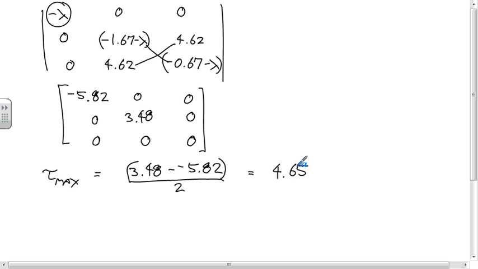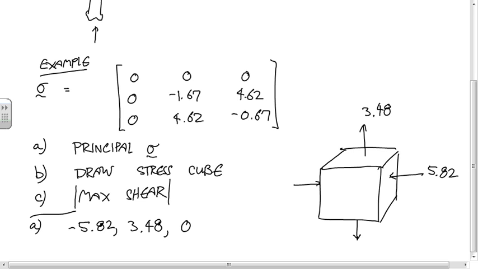Is there any way we can check that answer? Well, there is sort of one way. We know that the maximum shear stress is going to occur on a plane that's oriented 45 degrees between these two.